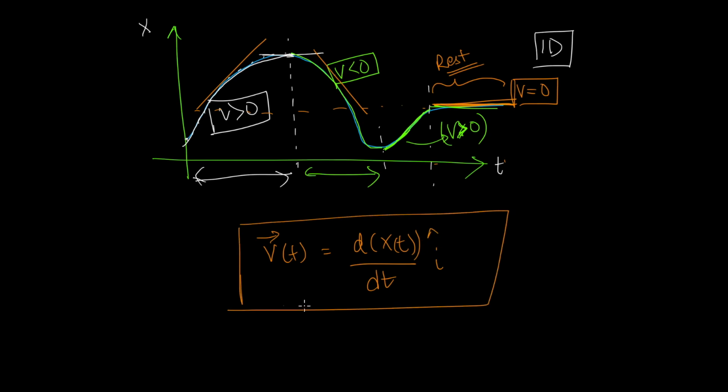So that is how you measure velocities. So it's very simple. If the slope is positive, velocity is positive. Slope is negative, velocity is negative. And if the slope is 0, the velocity is 0. The velocity happens to match with the slope because it's defined exactly as the slope of this curve, whatever it may be at different time intervals. So there you have it. That's how you make sense of x versus t graphs.